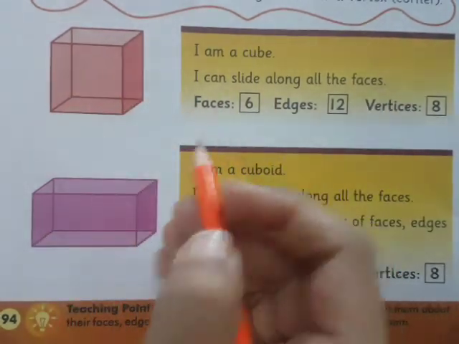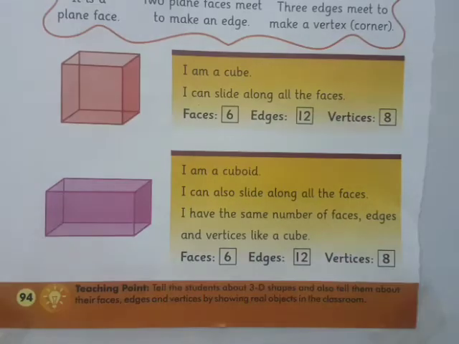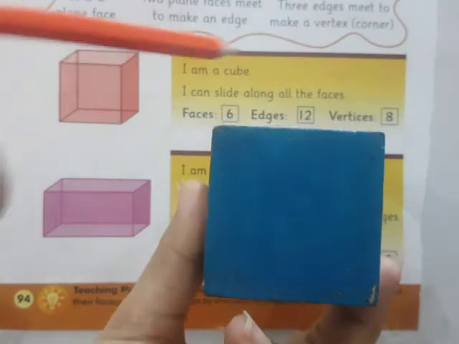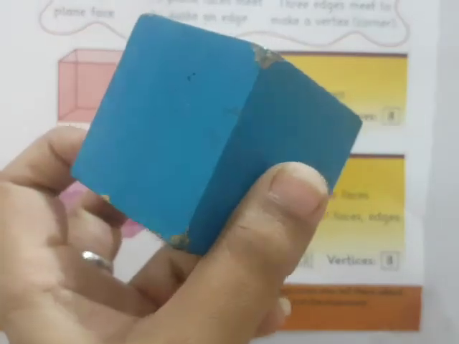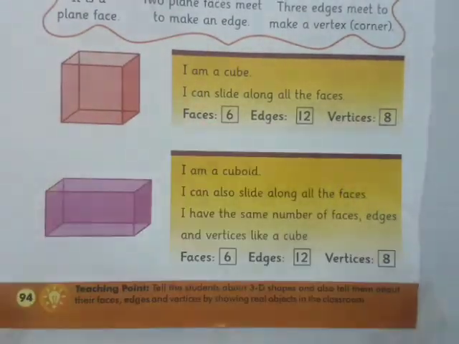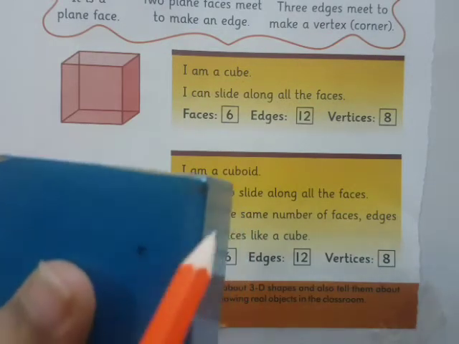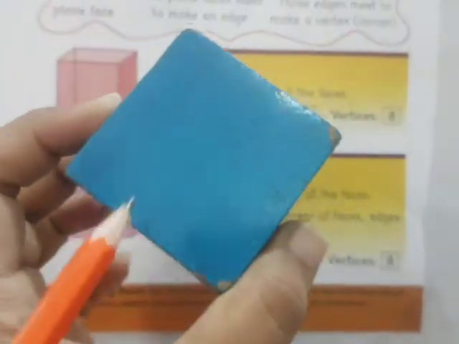How many faces does it have? It has 1, 2, 3, 4, 5 and 6. It has 6 faces. And how many edges does it have? 1, 2, 3, 4, 5, 6, 7, 8, 9, 10, 11, 12.